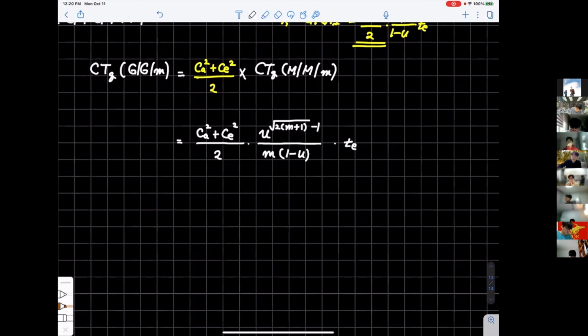Also, it can be divided into variability terms, utilization terms, and working time terms. This is the final result.